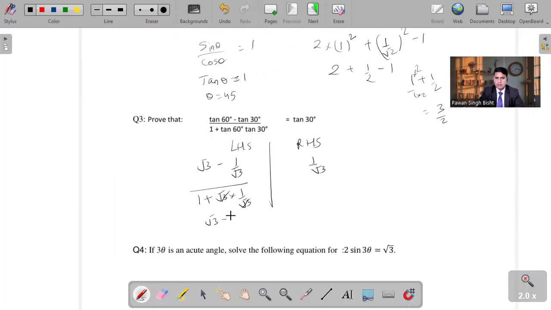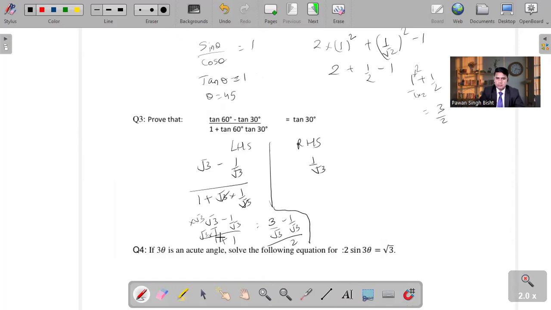Root 3 minus 1 upon root 3 over 1 plus 1. Now you see, we have to make the denominator the same. So times root 3 in both numerator and denominator. So what am I getting? Root 3 times root 3 is 3 upon root 3 minus 1 upon root 3, divided by 2.